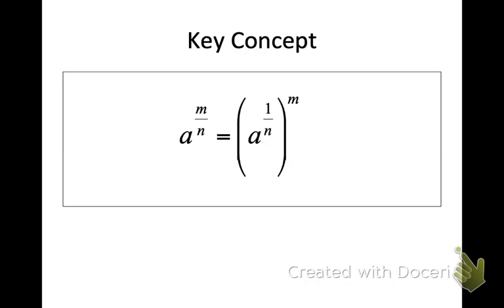So if we use the power rule of exponents, which you guys did exponents, I think, when I was gone, with Mrs. Leitz, power product says you can multiply these together, so you're kind of doing the reverse of the power product. So this can become a to the 1 over n all to the m power, right? And we know how to convert this to a radical. Then we just need to take it to the mth power.